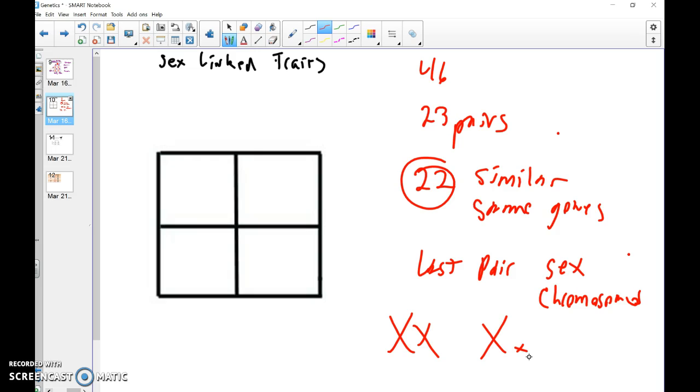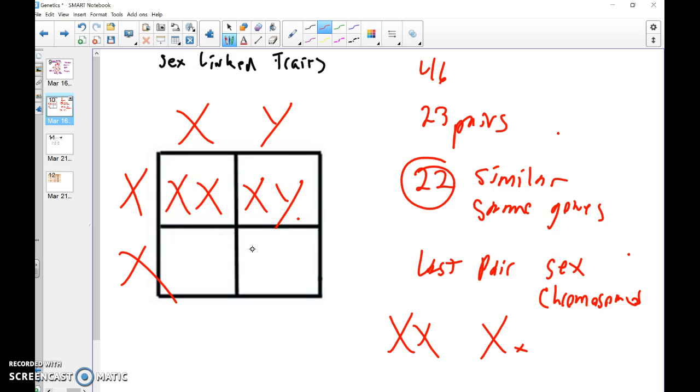So let's just look at a basic sex chromosome, right? So here's a male, X and Y. Here's a female, X and X. And so what you'll notice is, if you do a normal Punnett square, this potential offspring is female, this potential offspring is male, this potential offspring is female, and this potential offspring is male. Great. Awesome. No problem.